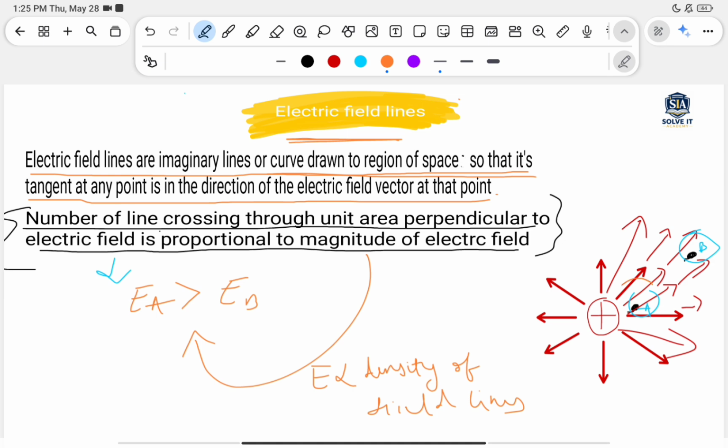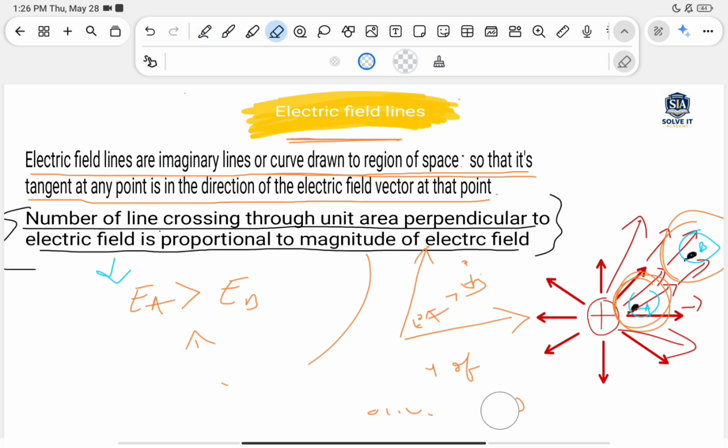The density of field lines here is greater than the density here, because the lines are moving away from one another. That's what it is trying to explain to us.